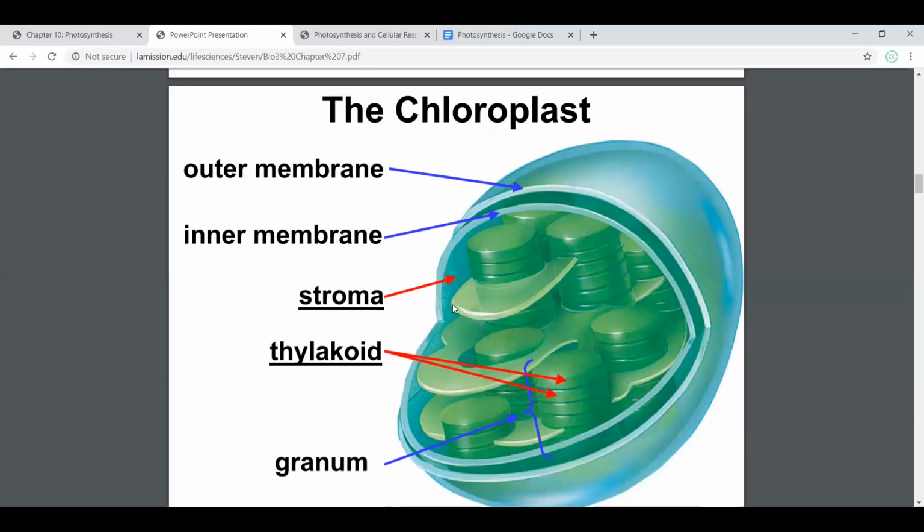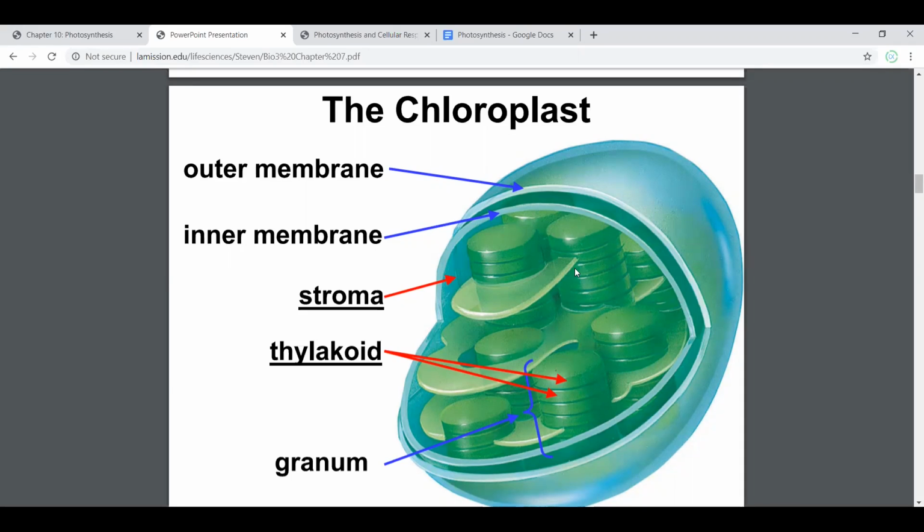Then we have these stacks. You can see these green stacks of discs. These stacks are called grana, G-R-A-N-A. The singular is granum. And this is where the photosynthesis takes place. These individual discs are called thylakoids, and the thylakoids stack to make these grana.